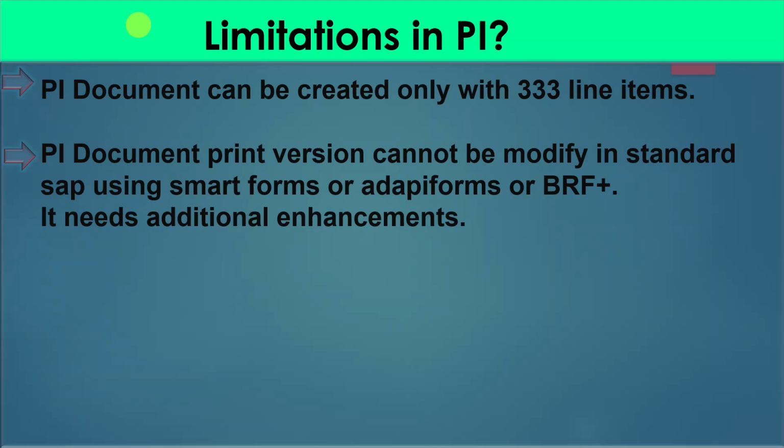The second limitation is that the print version cannot be modified in standard SAP using smart form or anything. That needs to be achieved with an enhancement. So these are the two limitations in physical inventory.